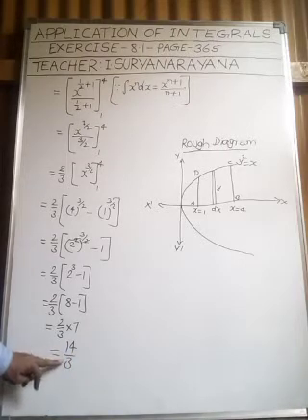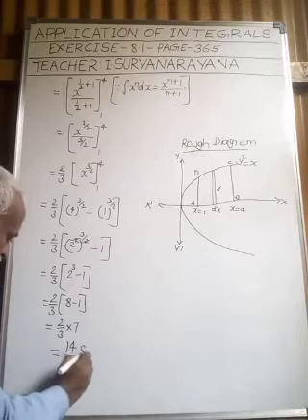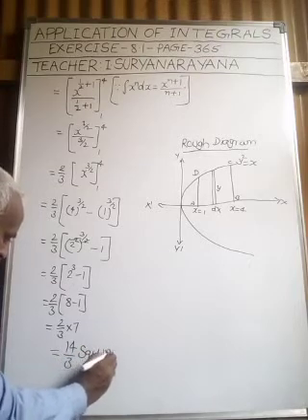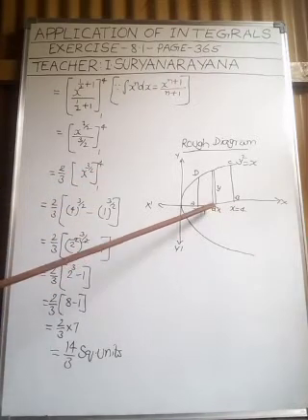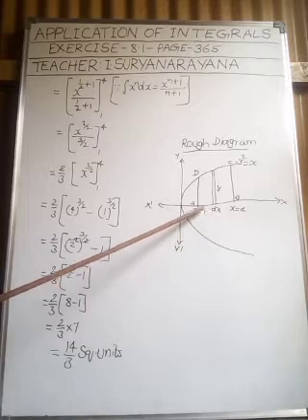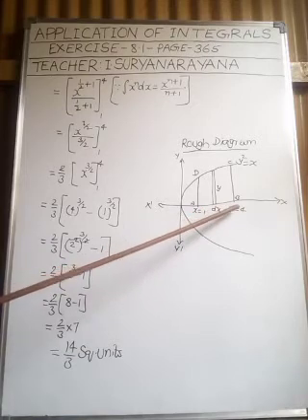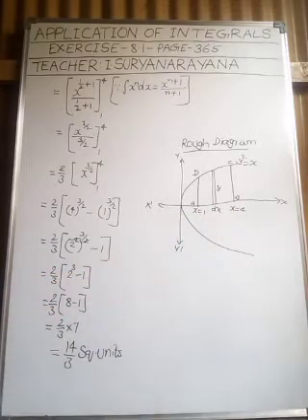This is in square units, because this is the area of the region bounded by the curve and the x-axis, and between the lines x is equal to 1 and x is equal to 4. Understood this point, my children?